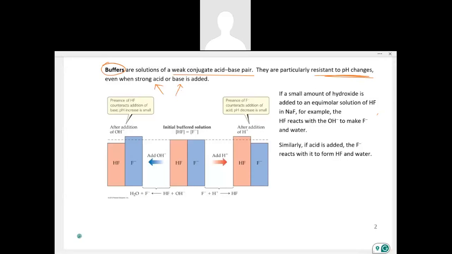So we're going to take a look at an example of a buffer solution or a buffer system below here. We have our weak acid, HF, and then we have fluoride ions.